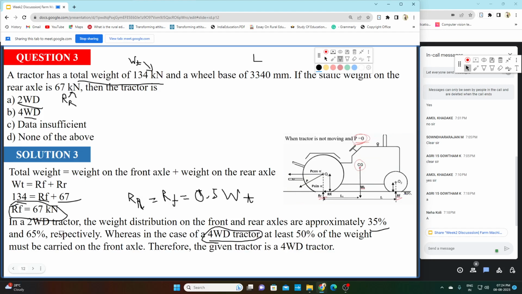So that is a characteristic of a two-wheel drive tractor. So here, as RF and RR both are the same, 0.5 WT, this type of tractor is a four-wheel drive tractor. So your correct answer is B. Is this question clear to all of you?